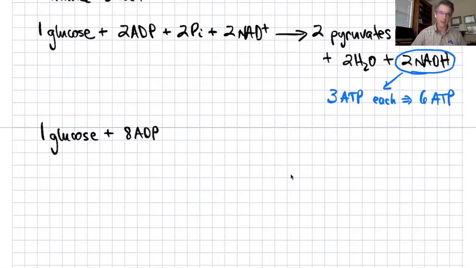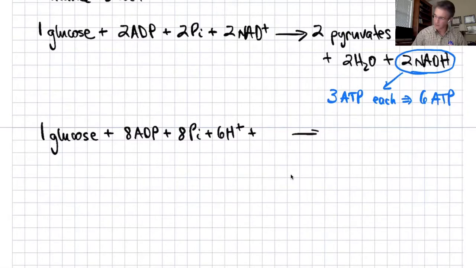ADP, again subtracting away the 2 that we had to expend. We're just looking at what our net result would be, plus 8 inorganic phosphates, plus 6 protons, plus something really important. There's a key thing for this to work.